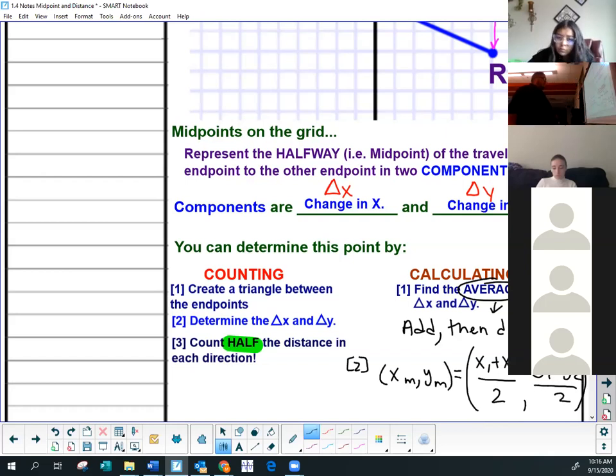Knowing that we're adding, does it matter if you write this as x1 plus x2 or x2 plus x1? No, not at all. However you want to write that is completely up to you. What is important is that you notice that the x and the y are kept completely separate.